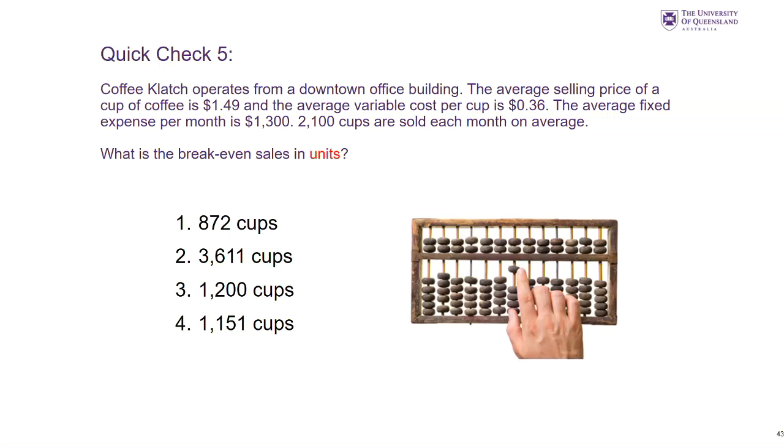I'll give you a little bit of time to calculate your break-even point in units. And you always round up, because we don't talk about selling half a cup of coffee.